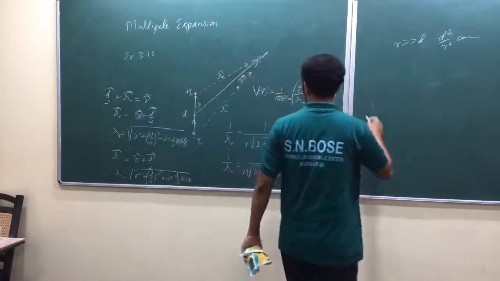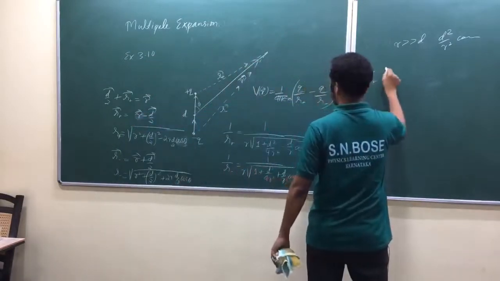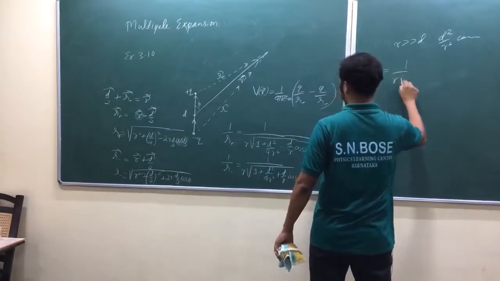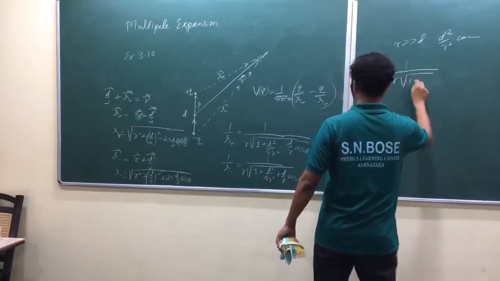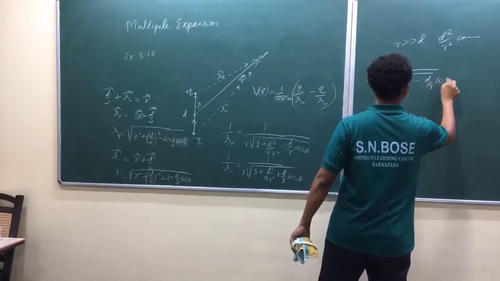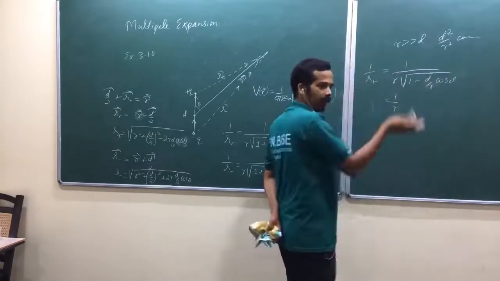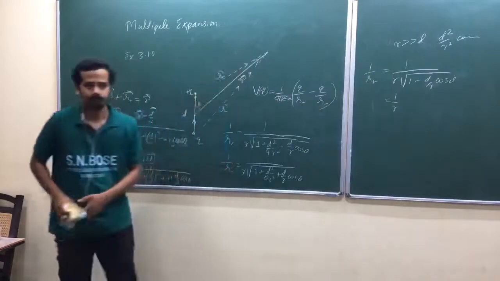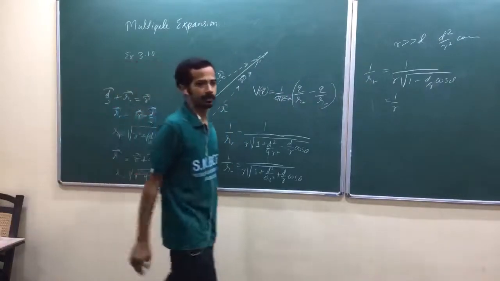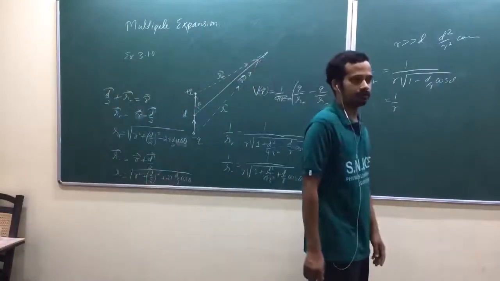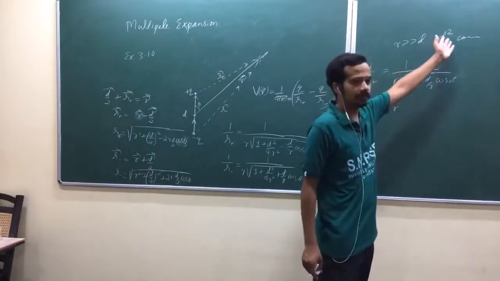So now 1 by italic r plus is equal to 1 by r root of 1 minus d by r cos theta. Now apply your binomial theorem. After applying the binomial expansion, take only the first two terms, because already we neglected this part.